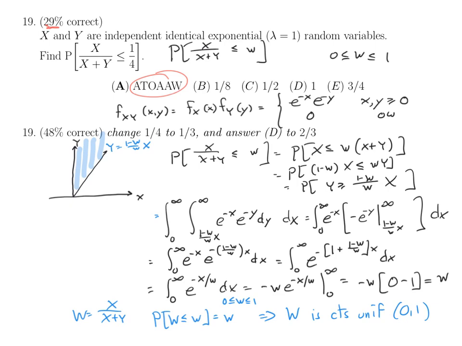So when the X and Y are both exponential and identical, you get this result. And it turns out it doesn't matter that lambda equals 1. In fact, you get this result for any choice of lambda if you work through the calculations. And I actually knew this result.